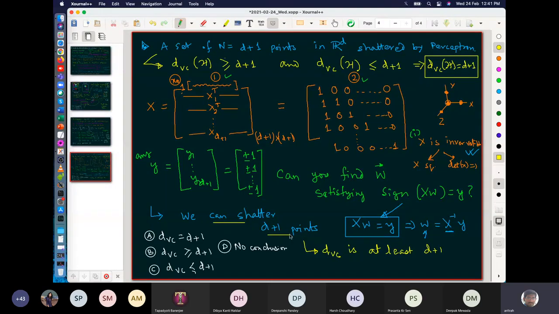If we can shatter d plus 1 points, then d points we can shatter, d minus 1 points we can shatter, d minus 2 points we can shatter. So dvc is at least d plus 1 in that case, isn't it? Yes or no? Yes, sir. So we have proved this one. The dvc is at least d plus 1, right?